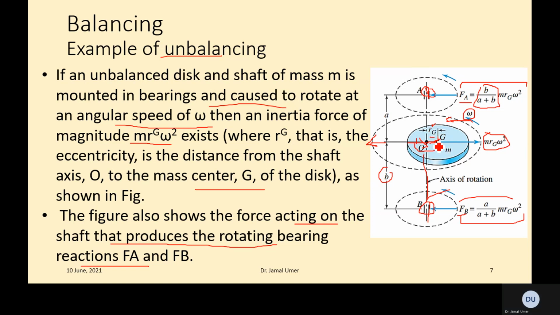Now what is the consequence of this eccentricity? It is causing these inertia forces, and if it's static, it will just stay on this side. But when it's moving, it's even worse. You get this force coming in each direction.